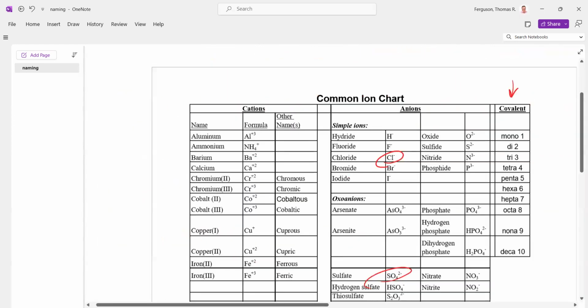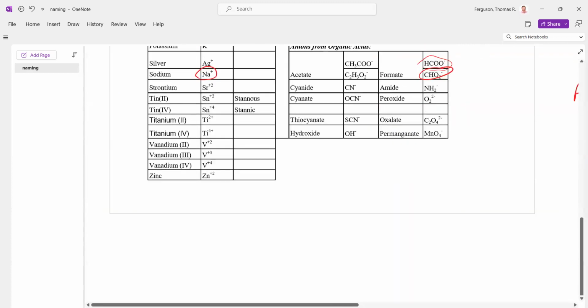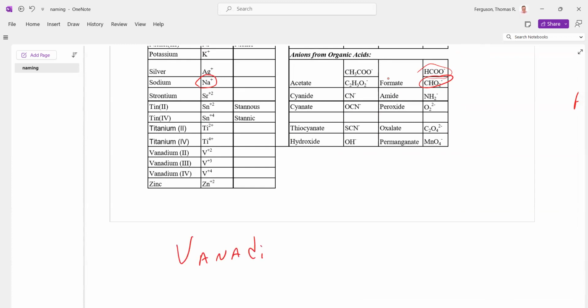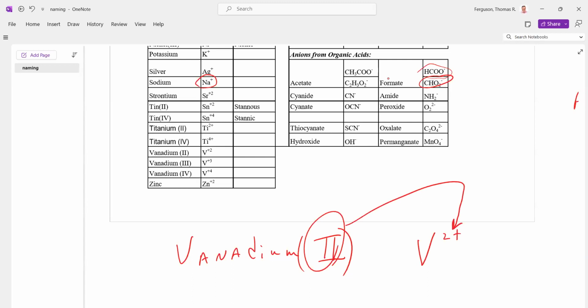So the Roman numeral refers to the charge.